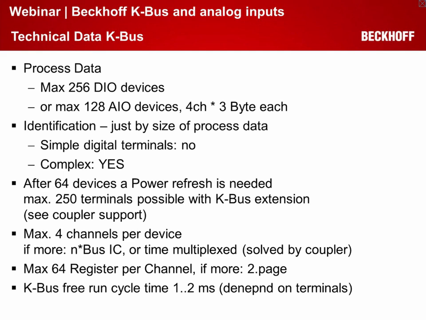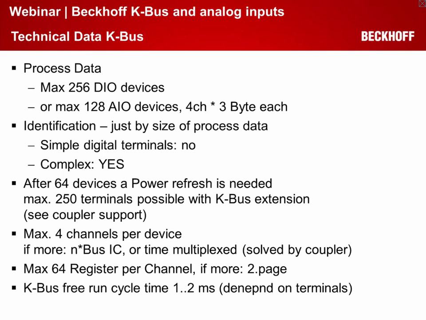With K-bus extension you can run up to 250 terminals. Every device can support up to 4 channels. If a terminal has more channels, you need several bus ICs inside, or you have a time multiplexing behavior like in the safety devices. But normally you as a customer will not see it because it's all solved by the coupler and you only see the finalized process data of the device.